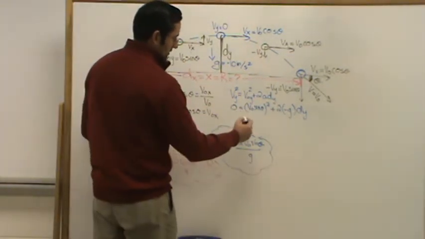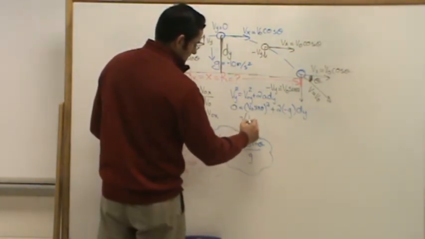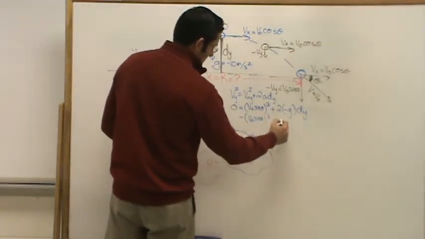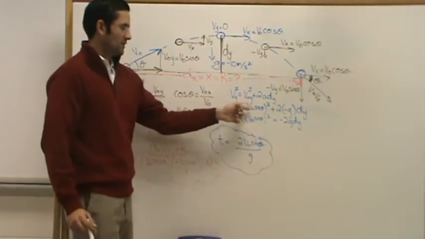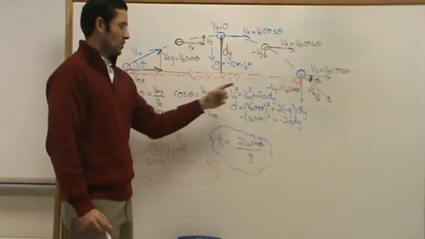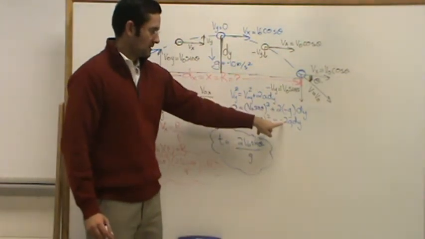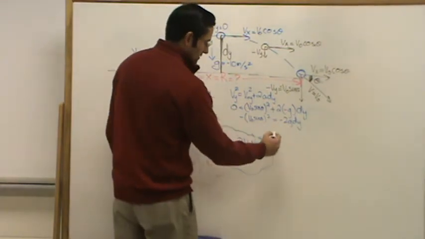So you're going to bring over the v naught. Okay, so I brought the v naught sine theta squared, this whole quantity, to the left side, so there's a negative there. 2 times negative g makes it negative 2g, and I have dy. So to solve for dy, I'm going to divide by negative 2g.